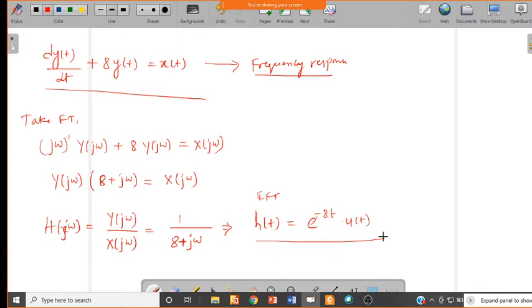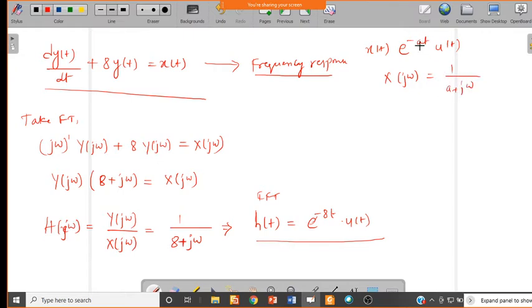Okay, so now you try to do one more problem. We have already done this one. Whenever you have e power minus at into u of t as x of t in general, we have found X of j omega, which is nothing but 1 over a plus j omega. This is the general form.